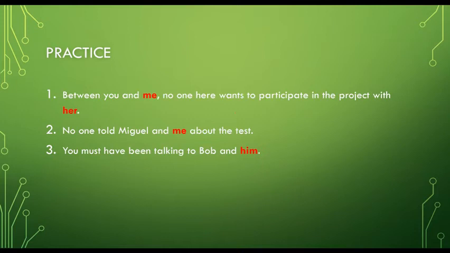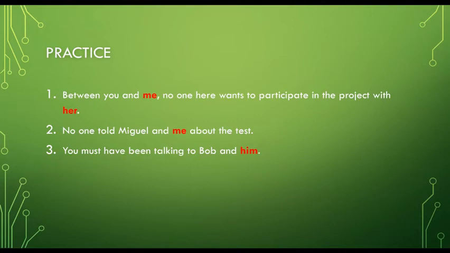Who's committing that want? That's no one, which is kind of funny, but no one is indeed the subject committing this action. No one here wants to participate in the project with her. Because "her" is not performing the action but is receiving the action, we're going to use "her" in this case because we know it's going to be in the objective case.